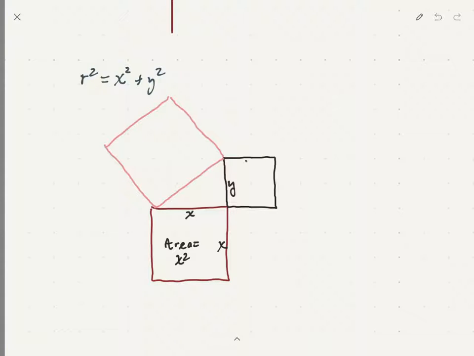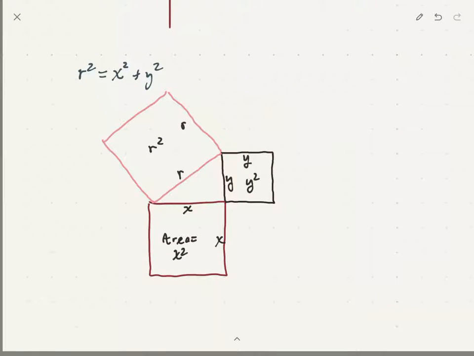If this is Y and this is Y, the area is going to be Y squared. If this is R and this is R, the area is going to be R squared. So Pythagoras' theorem basically says that the sum of the areas of the smaller two squares equals the area of the larger square. That's the same thing.